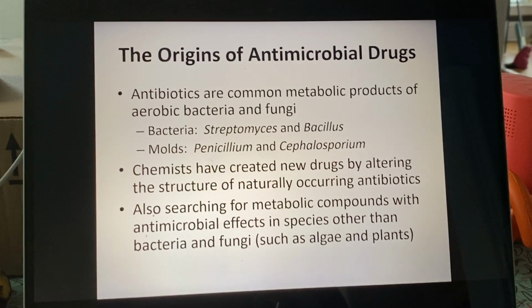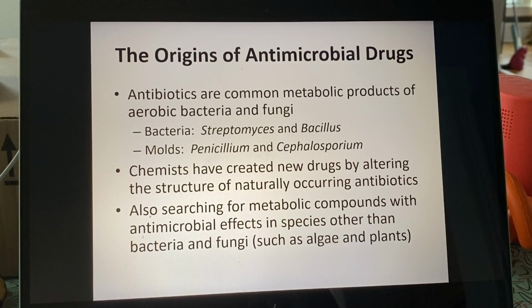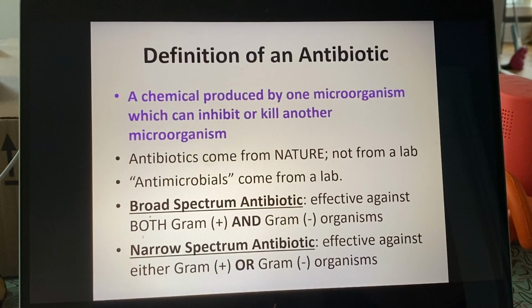The problem is that we have overused antibiotics, and now we have all these antibiotic resistant superbugs. And so now scientists are looking in other species of bacteria and fungi, but also algae and plants, hoping that we find some new and novel antibiotics, and now we've learned not to overprescribe them.